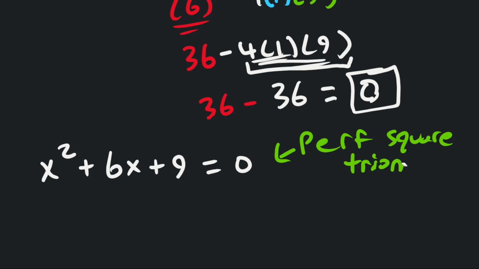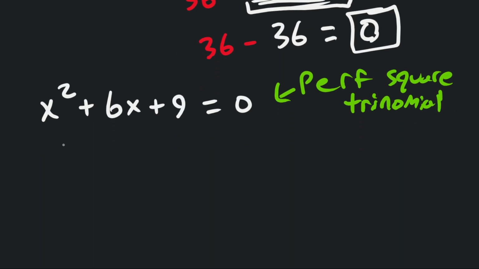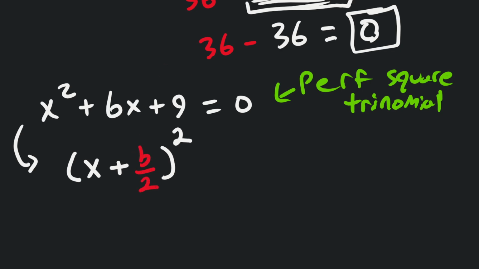Once you know it's a perfect square trinomial, it makes factoring it a lot easier. What you can do now is set up parentheses, x plus, and then put a squared outside the parentheses. And you are going to insert b divided by 2 right here. Again, what was our b equal to?